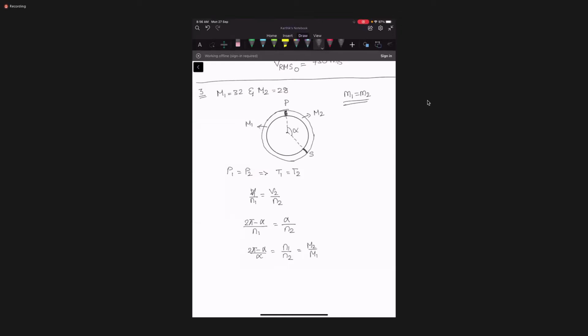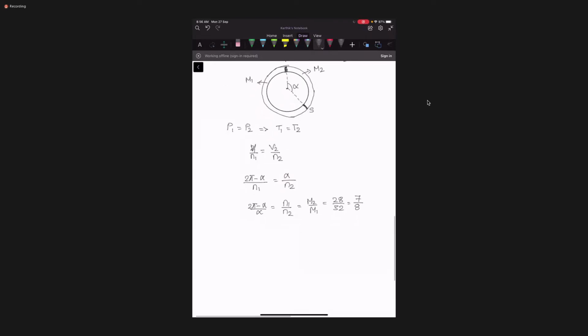Masses are the same, so they get cancelled out. So it will become M2 divided by M1, which is 28 divided by 32, 7 by 8. So 2 pi by alpha minus 1 is equal to 7 by 8.